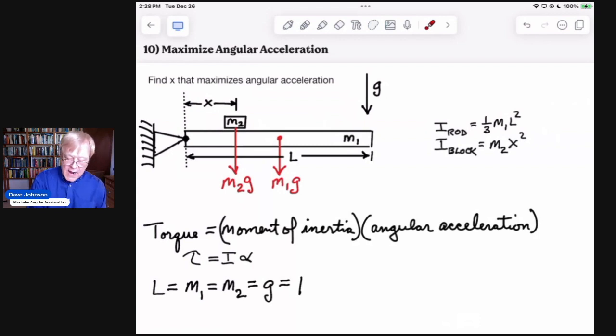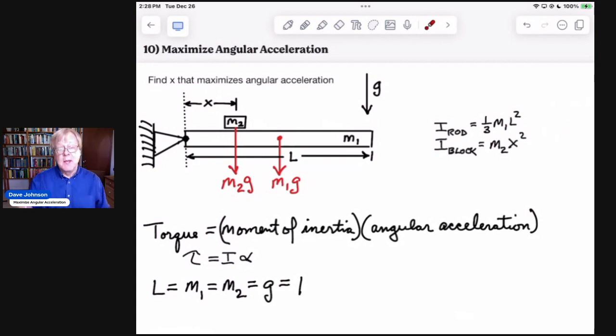And I've labeled the dimensions here. The length of the rod is L, its mass is M1, the block has mass M2, and it's a distance X from the pivot point. And I've also labeled in red the forces that are acting on the block and the rod. So the rod has a force m1 times g, and it acts at the center of the rod.